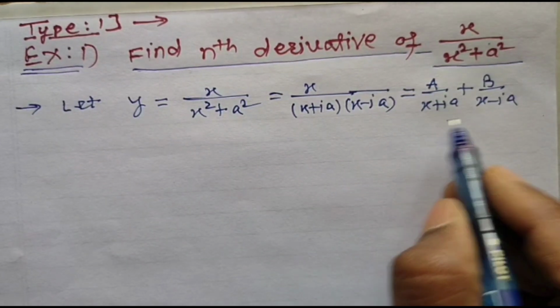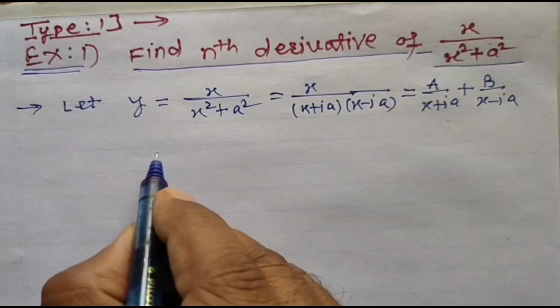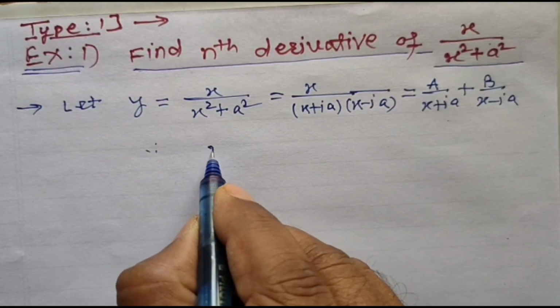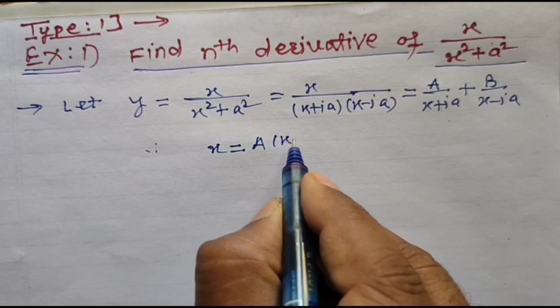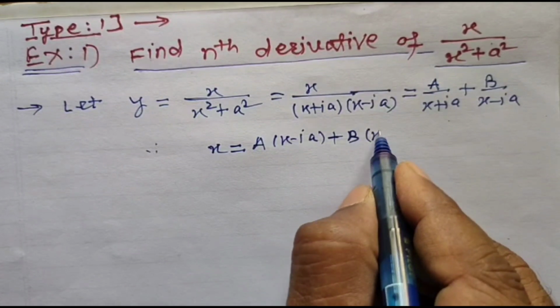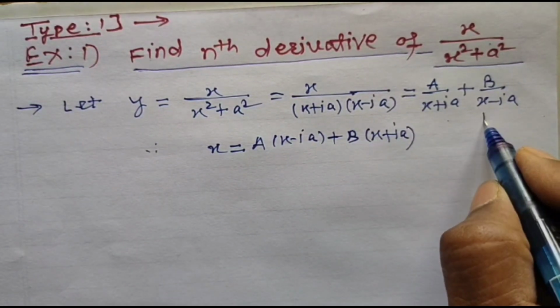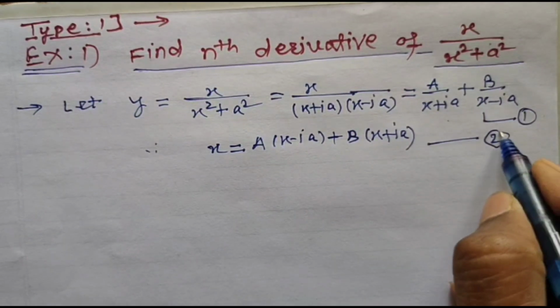We have to take LCM on the right hand side, that is nothing but the denominator of the left hand side. So this can be written as x is equal to A into x minus ia plus B into x plus ia. Suppose this is equation number 1 and the obtained equation is equation number 2.